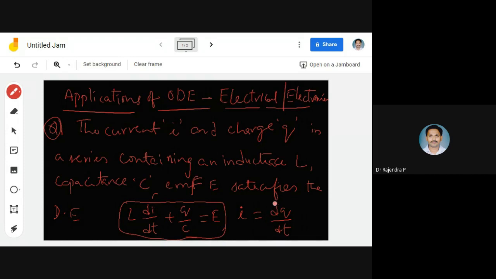I means dq by dt. Everybody knows the definition: I is equal to dq by dt, the change in the charge with respect to time. So can I replace I here? d by dt of I means d by dt of dq by dt. So what do I get? d square q by dt square. Very good.